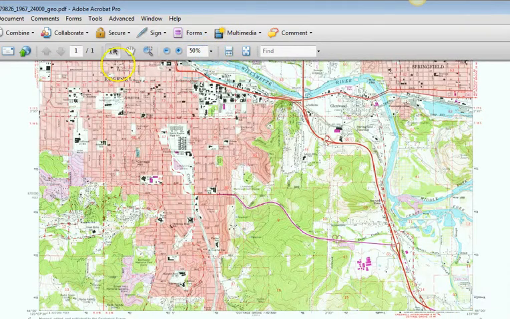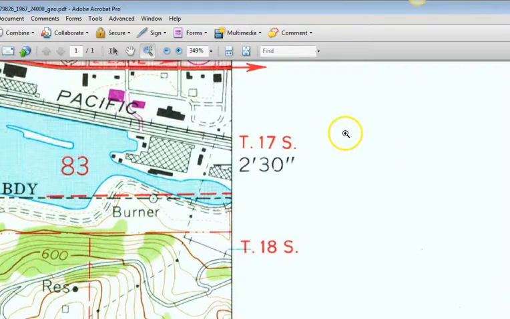But I'm going to zoom over here to that side of the map, and you'll see that there's a dashed red line. So Township 17 South is all of the information above that line until I get to Township 16 South. And below that line is Township 18 South. So that shows that increment.